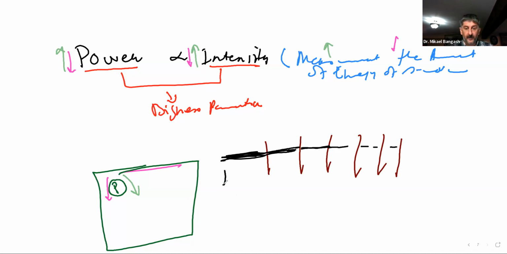So here we had a great power. We had a great intensity. But as the sound wave travels through the different tissues, we already said that the power is going to decrease, decrease, decrease. Which mainly means that down here we'll have the lowest power, and we will end up with the lowest intensity as well, because intensity suffers the same fate as power.